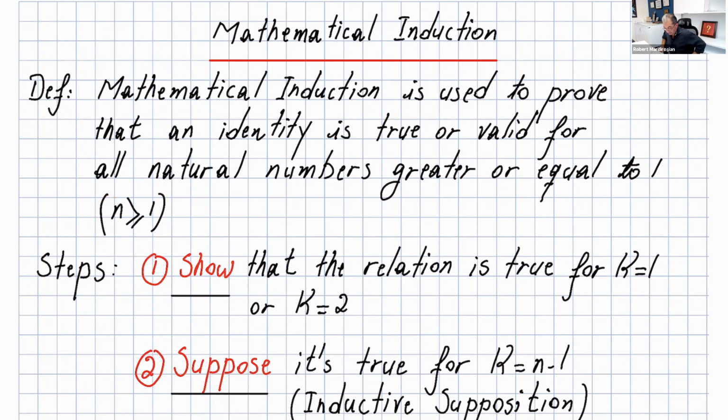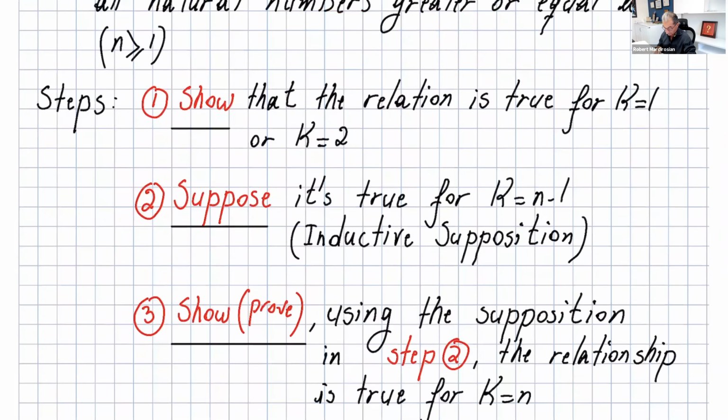Now there are some steps to prove by using induction. So let's go over those. When you want to prove an identity by using induction, the first step is to show that the relation is true for k equals 1, or sometimes k equals 2 if you're dealing with matrices.